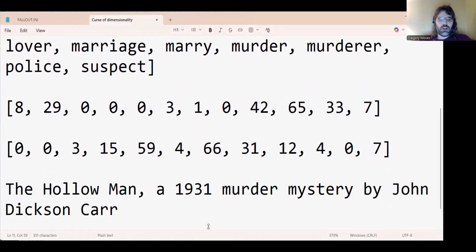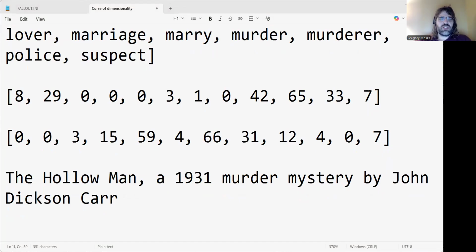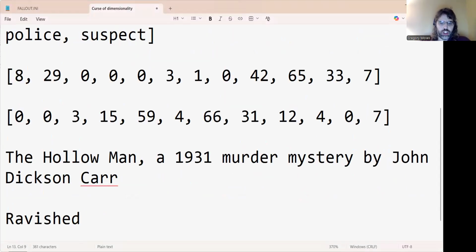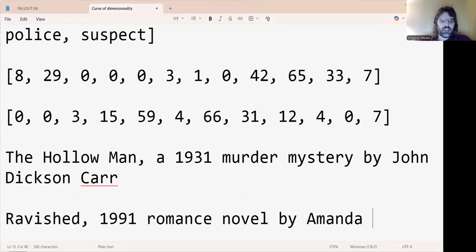And the other document vector represents Ravished, a 1991 romance novel by Amanda Witt. So, can you tell which vector comes from which novel? I swear, not a trick question.